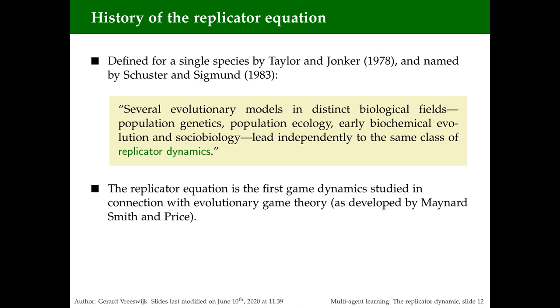It's the most important game dynamics studied in connection with evolutionary game theory. And evolutionary game theory, in its turn, was proposed and developed by Maynard Smith and Price. So, just for historic sake.